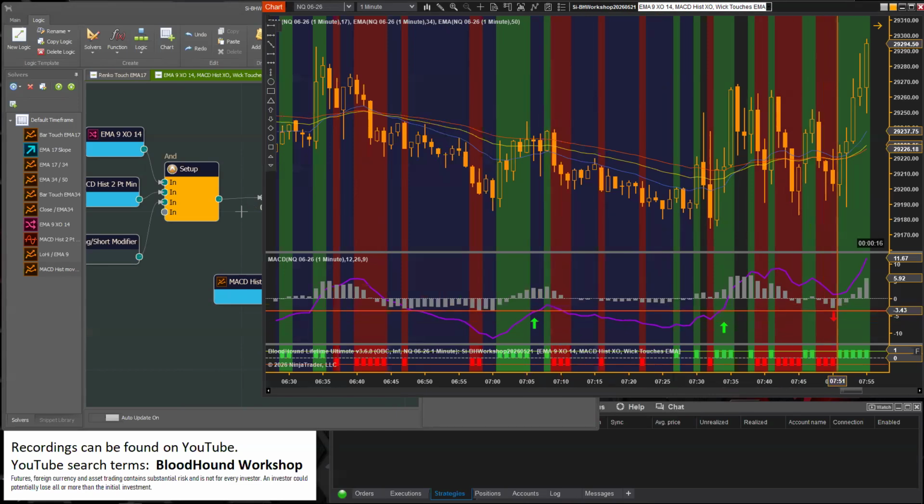Right there, the histogram from this bar to this bar moved more than 0.5 units. And for this signal, that step down was more than 0.5 units.